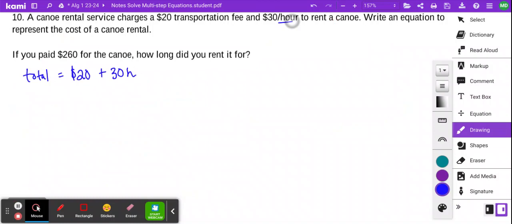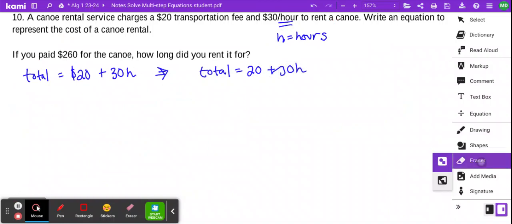So I'm going to represent H to be my hours. And when we write an equation, we don't necessarily need those dollar signs, so total is equal to 20 plus 30H.